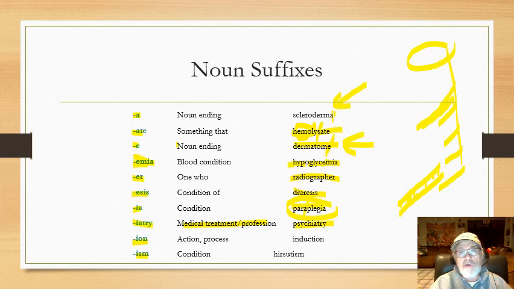So females who have very high estrogen levels, like in ovarian cysts and stuff like that, frequently start to develop some facial hair, and they do that because a lot of the excess estrogen they have is converted to testosterone, and the testosterone forms a masculinization or development of facial hair in females. So basically -ism means condition, hirsute means hair.